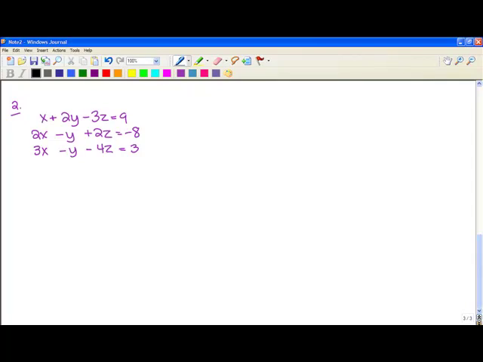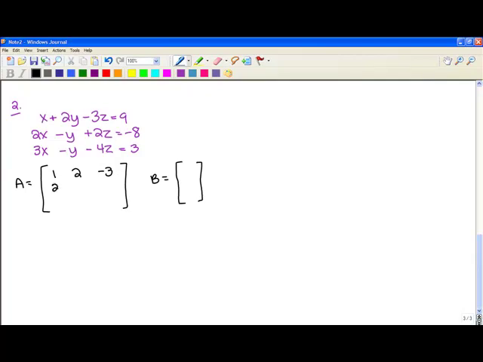Now let's take a look at a larger system of equations and solve this using our calculator. So first we'll set up two matrices, matrix A containing the coefficients and matrix B containing the numbers on the right side. Looking at the coefficients from the first equation, we have a 1x, a 2y, and a negative 3z.